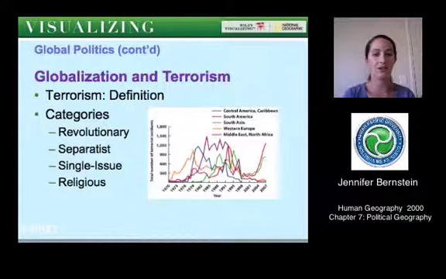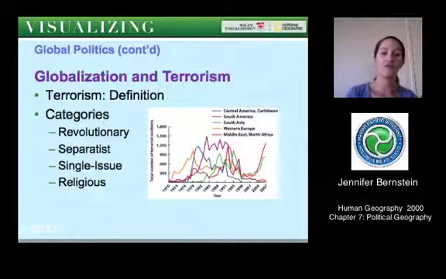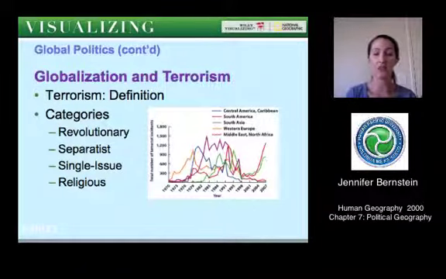Some consider this decentralization a product of globalization, basically the idea that advancements in internet and communication technology make it fast, easy, and cheap for Al-Qaeda to share information. Other terrorism experts believe that terrorism represents a resistance to globalization and the diffusion of Western values.